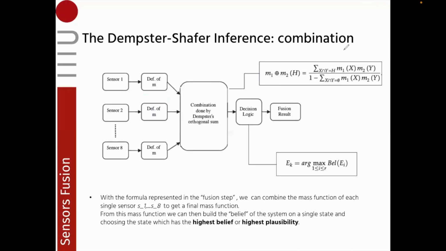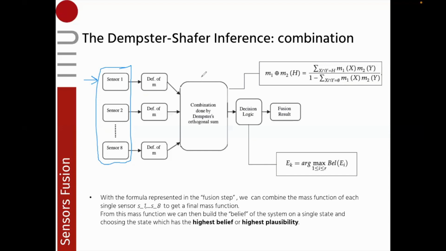The real decision fusion and sensor fusion part actually happens at the end of our explanation of Dempster-Shafer theory. As we said in the previous slide, each of the sensors, in this case on the paper we consider 8 sensors, given a measurement that they perform, defines with a logic inside it a mass function of the state, defined in the way we described on the slide before.